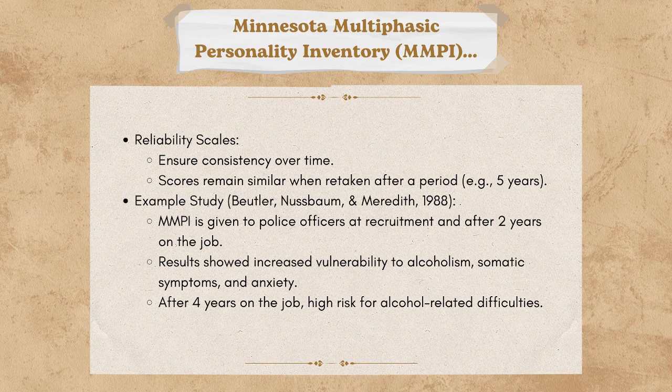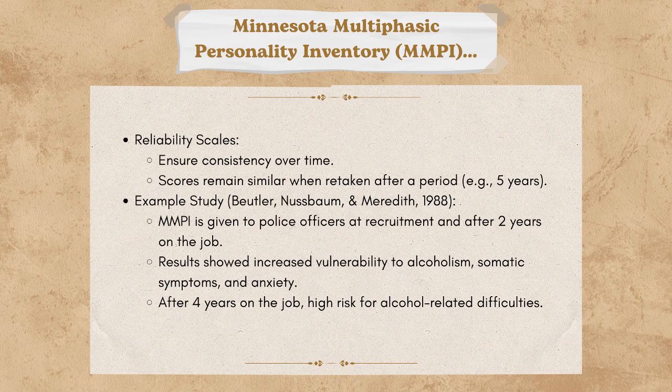But research has been done by different people like Butler, Nussbaum, and Meredith in 1988. They gave the MMPI to newly recruited police officers, and then after 2 years, they gave the same police officers the same instrument.